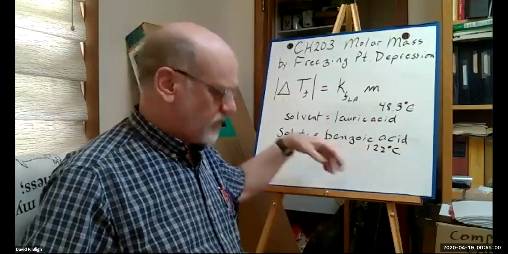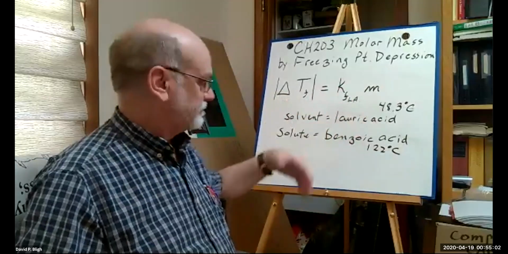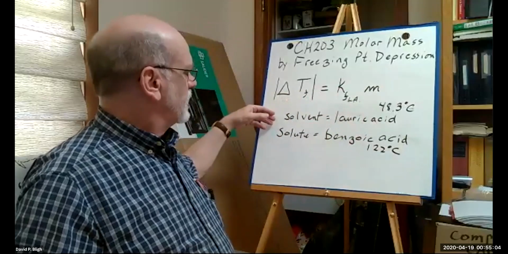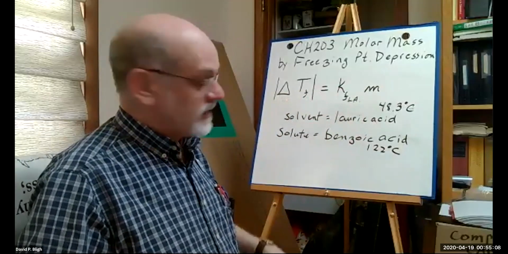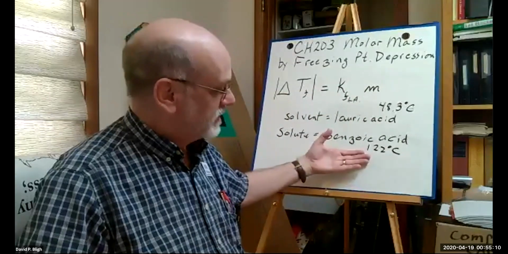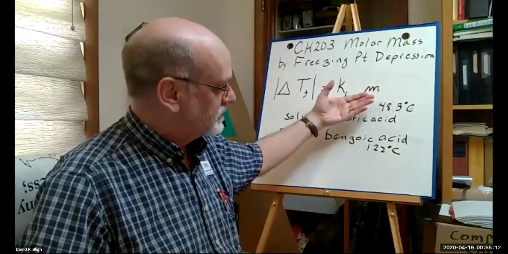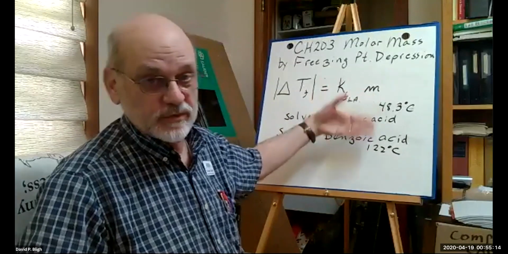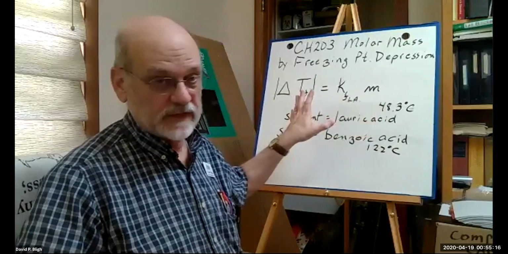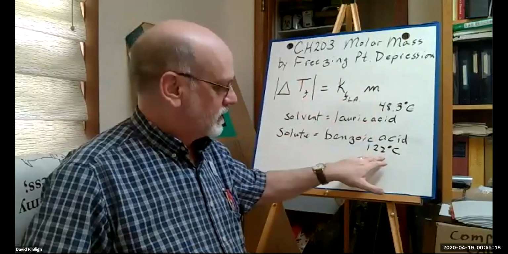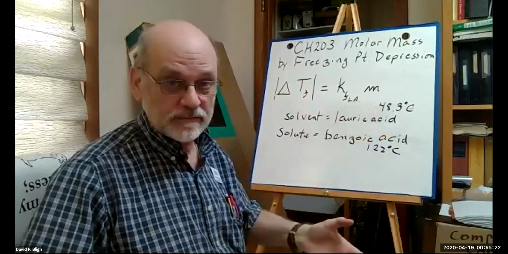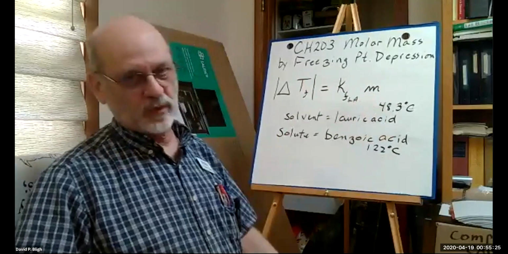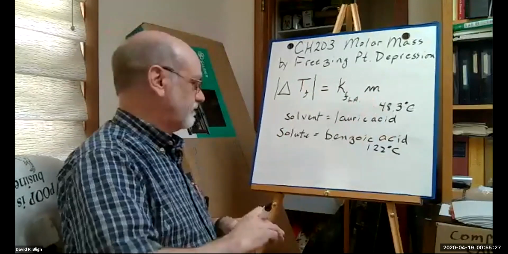So while this probably has some influence, it's going to depress the freezing point. Actually, you would expect if you add a high temperature to a low temperature, you would get some temperature in between, but that's not the way it works. This doesn't matter. When you add that to this and it goes into solution, it depresses the freezing point.